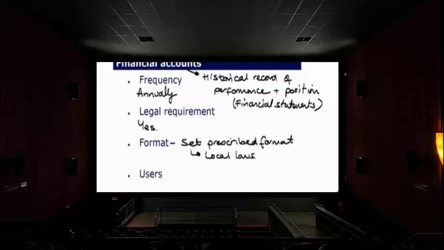So like I say, in the UK, the Companies Act specifies the layout of a company's financial statements, but also the format will also be prescribed by accounting standards.